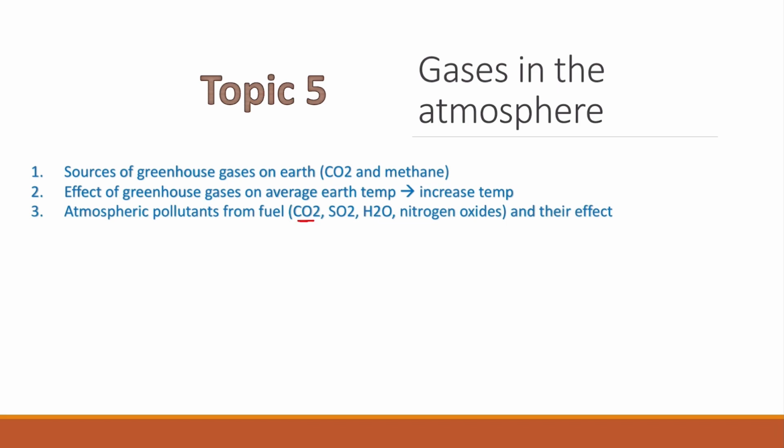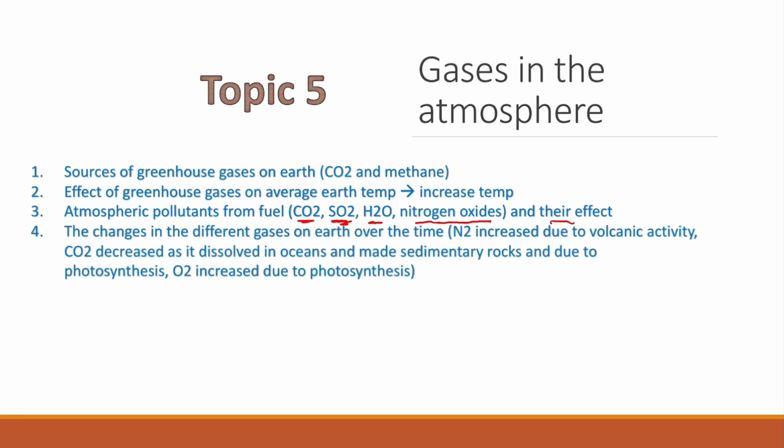These are mainly carbon dioxide, sulfur dioxide, which comes from the oxidation of sulfur or burning fuel because fuel contains sulfur, water vapor, of course, and nitrogen oxides as well. And you should know their effects. Remember that carbon dioxide causes global climate change, and sulfur dioxide causes acid rain and respiratory problems, and nitrogen oxides also cause acid rain and respiratory problems.